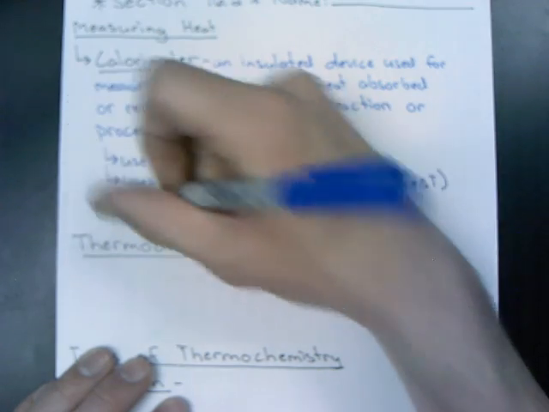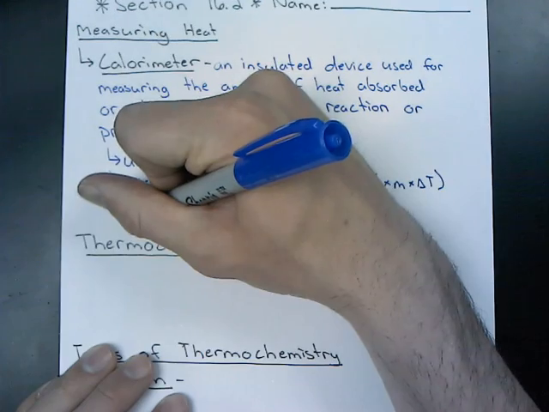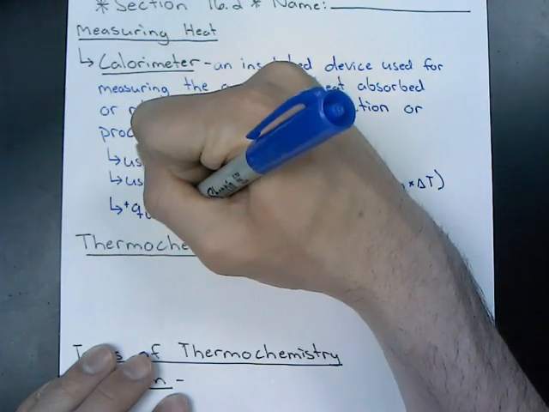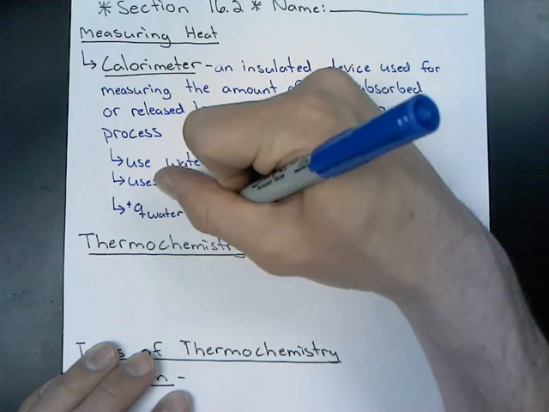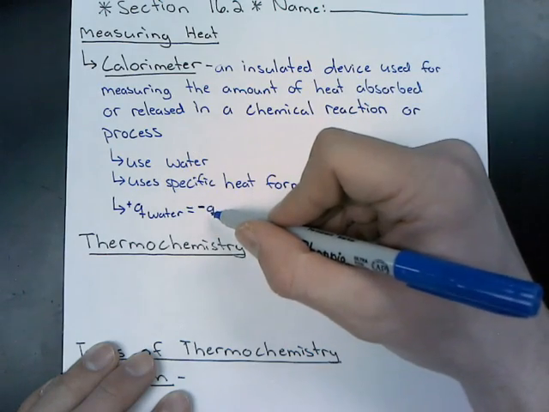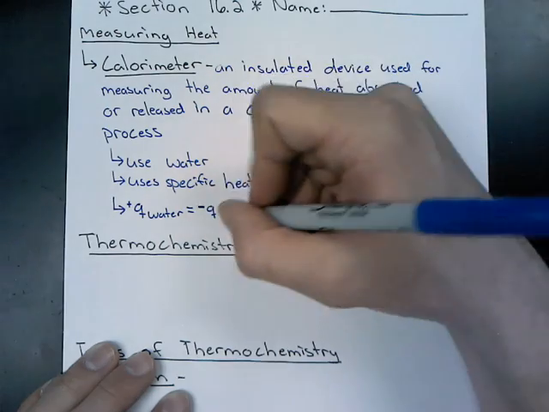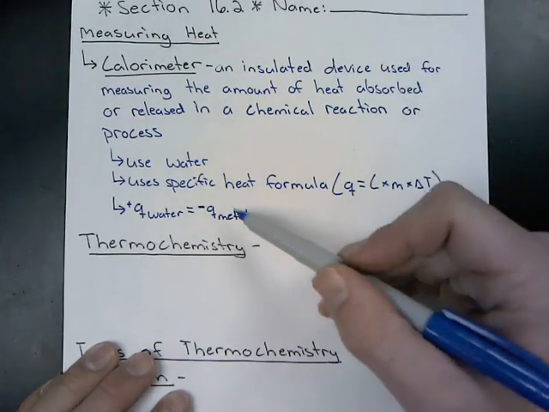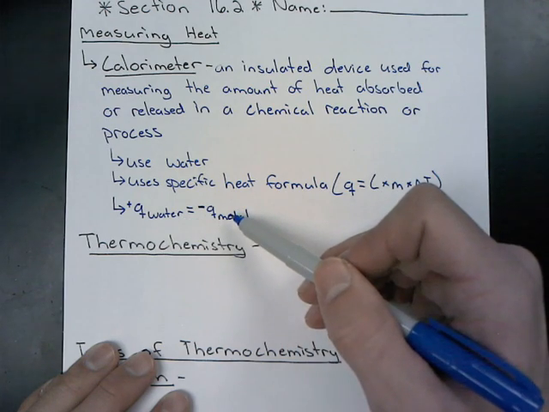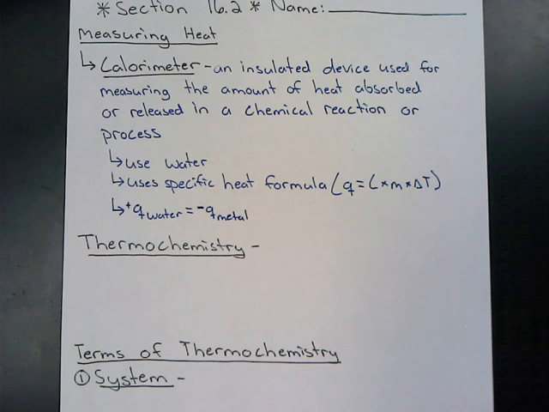The first Q is positive, which means a positive heat exchange by the water, and that is set equal to the negative heat exchange, meaning heat was lost by a substance. Most of the time, this substance, not always, is a metal. So you heat a metal up, you dump it in some water, the metal gets cooled off, the water gets heated up. Again, that's really the simplistic version of a calorimeter.